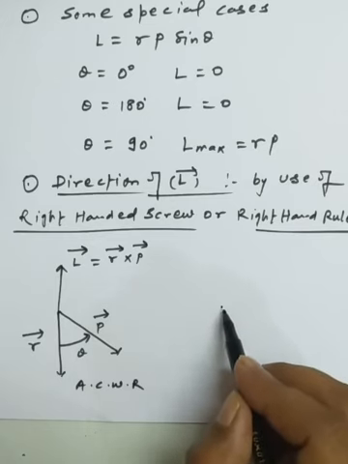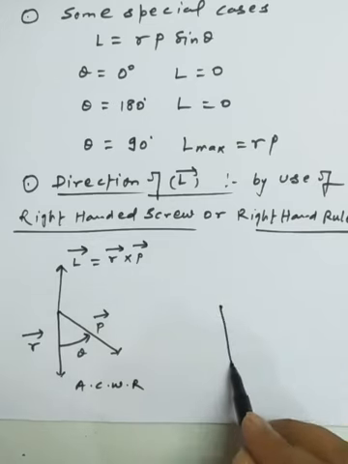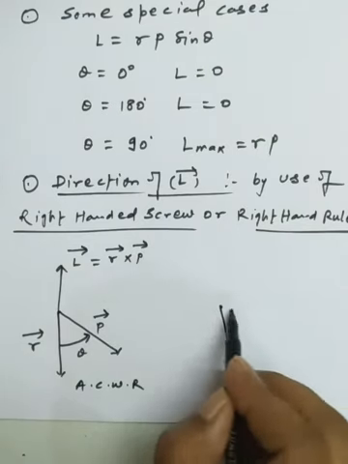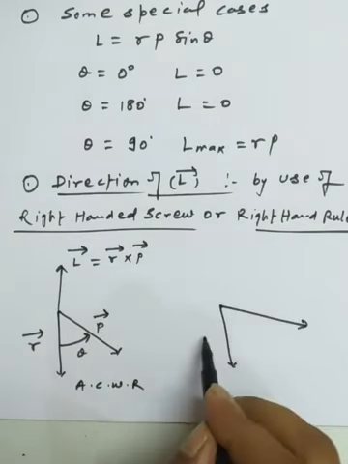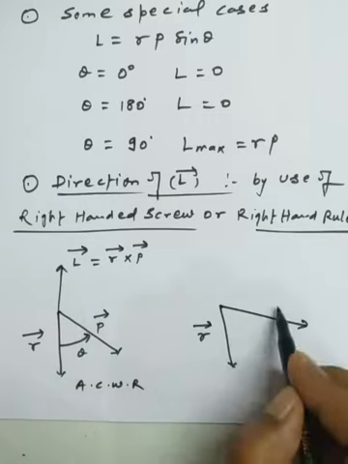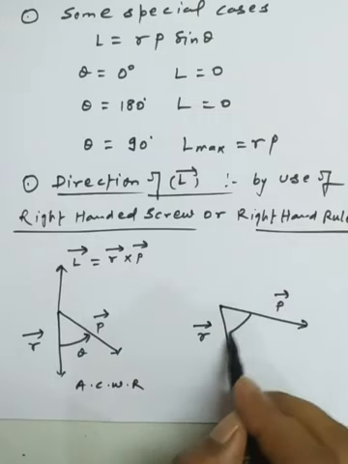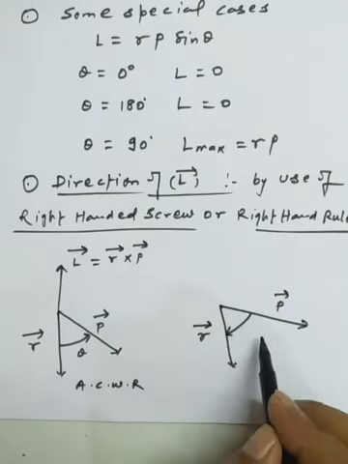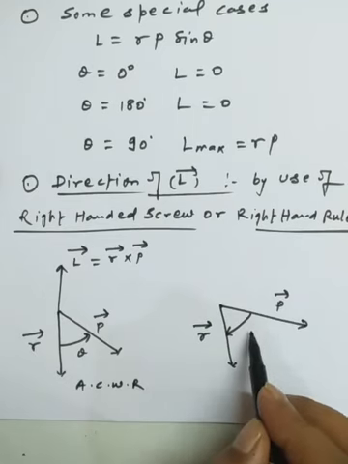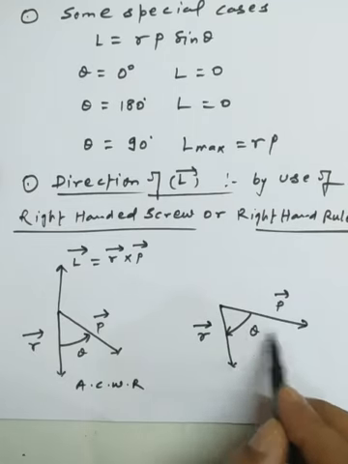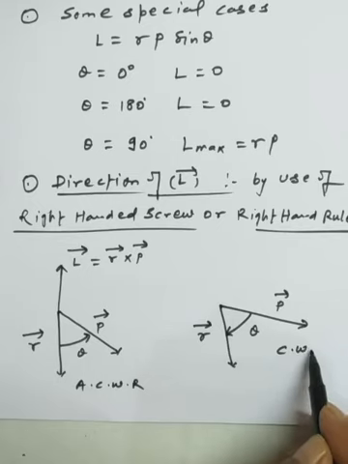Now, in the same way, how do we assume L in the downward direction? What assumption should we take here? Again there are two vectors in the plane, the vector R and the vector P, and we assume a rotation from P to R. That is the clockwise rotation.